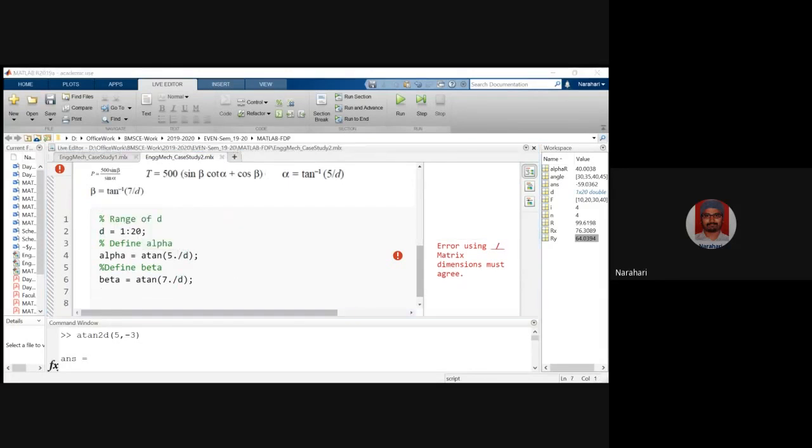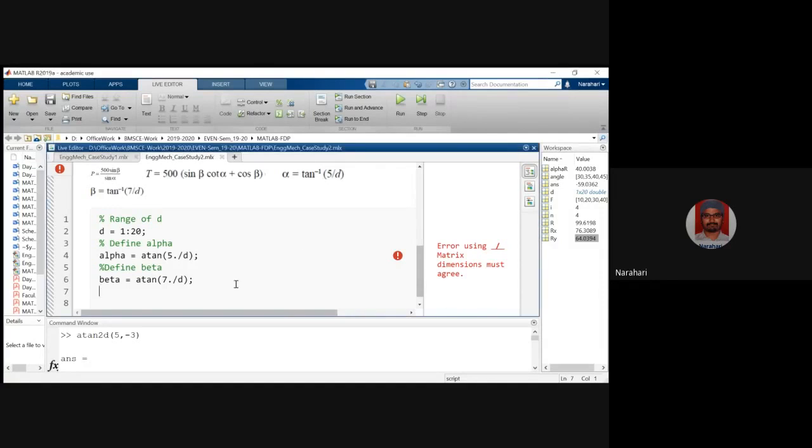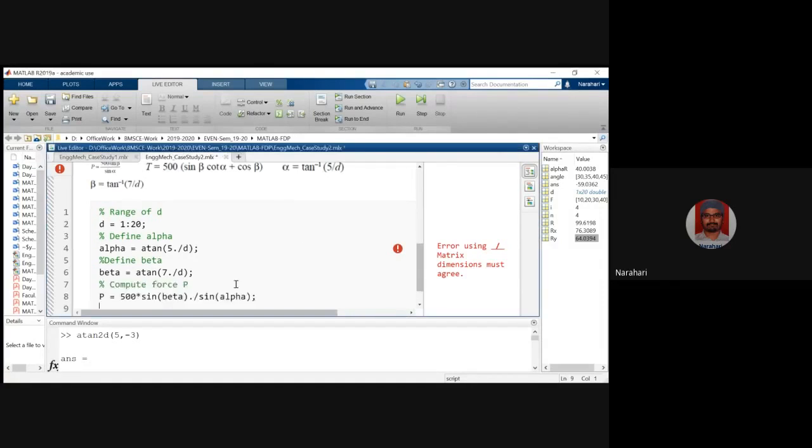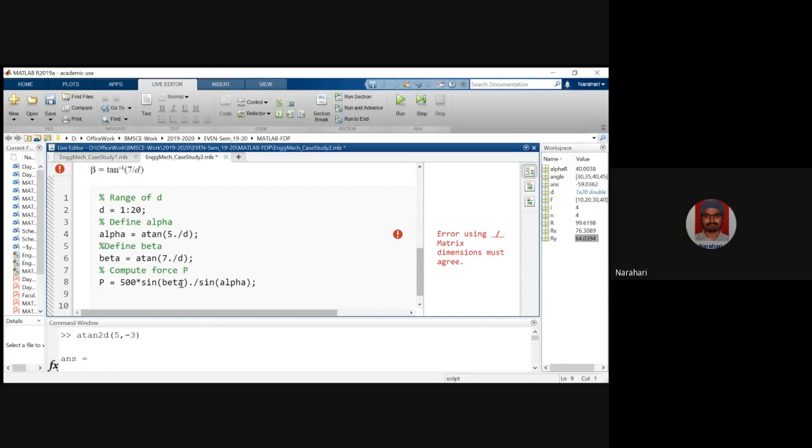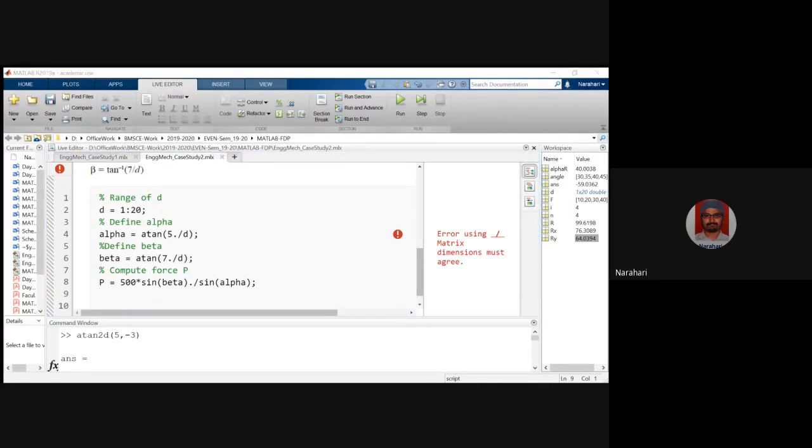Okay, then I have to compute P. The P is very simple. It is 500 into sine beta by sine alpha. Now please observe, sine beta will be a vector. Beta is a vector, sine beta will also be a vector. Sine alpha will also be a vector. You have to use a dot operator again to do the division between those sine beta and sine alpha.